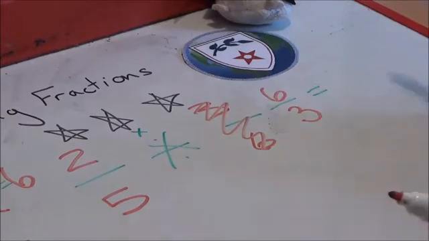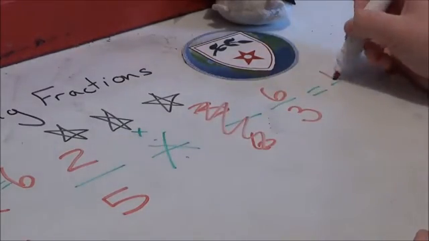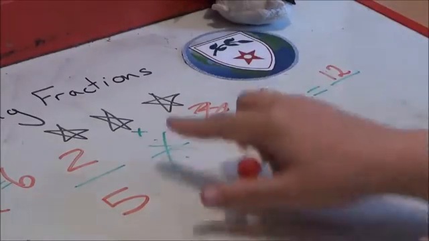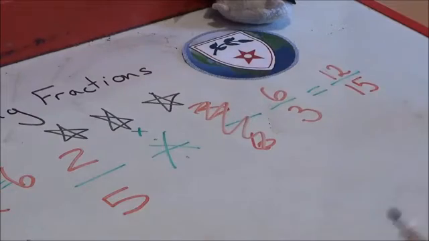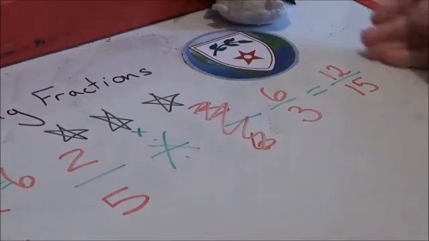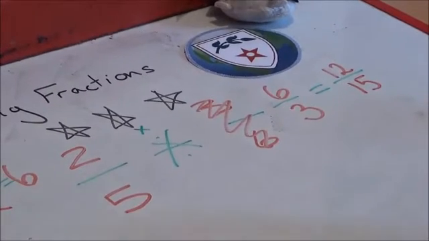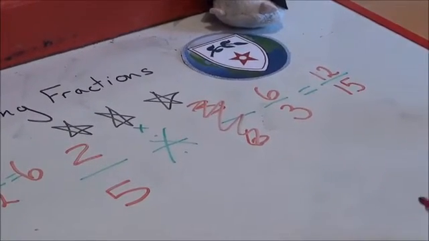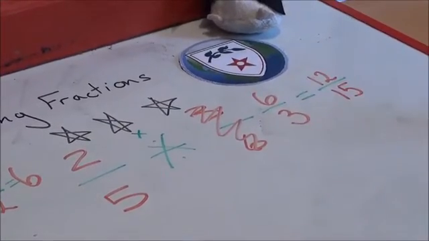So 2 times 6 is 12, and 5 times 3 is 15. That is a normal fraction. We haven't got a numerator bigger than the denominator, and actually I can see that a common factor of both of those would be 3.